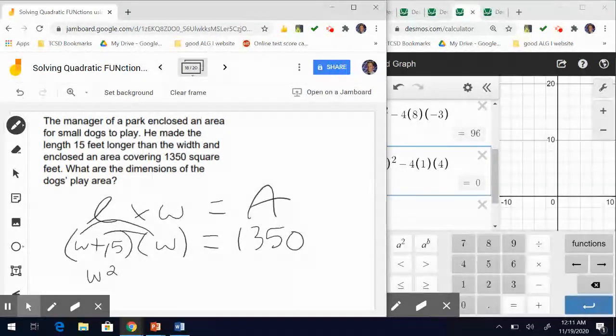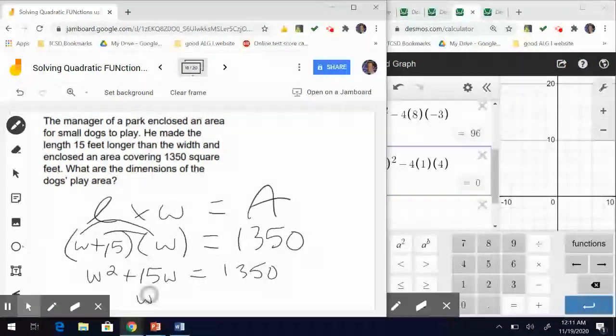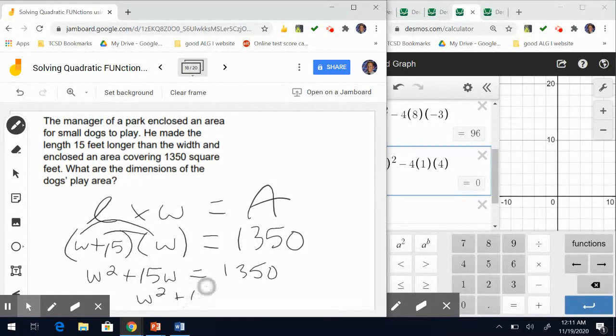W times 15 is positive 15W equals 1350. I can move this over and do W squared plus 15W. Because what are we doing? We're setting everything equal to 0 to solve. So that positive 1350 goes to the left.